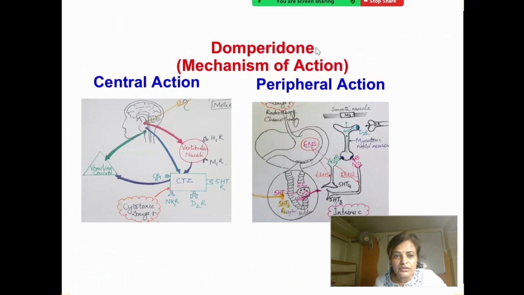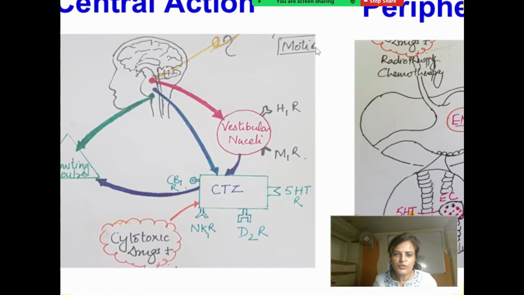Like central action. Domperidone and levosulpiride, both are D2 receptor antagonists. So they are going to block the D2 receptor here, here, and even in the vomiting center. By blocking this D2 receptor, they are going to exert the antiemetic effect.